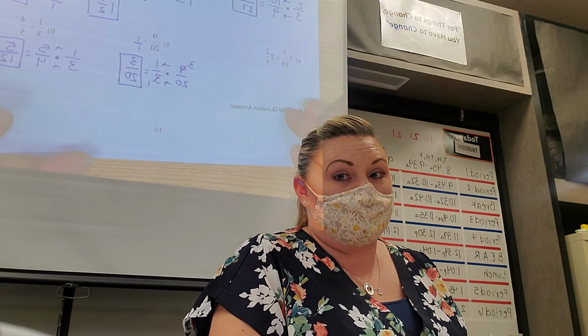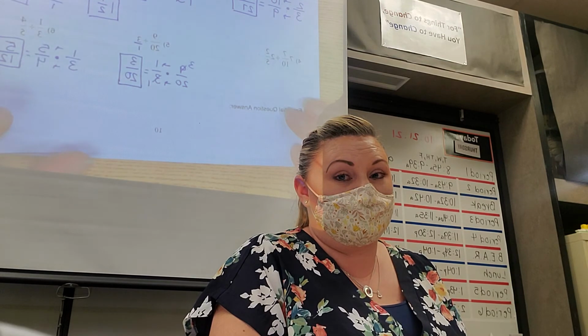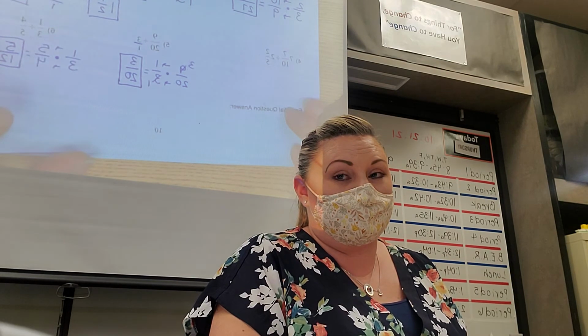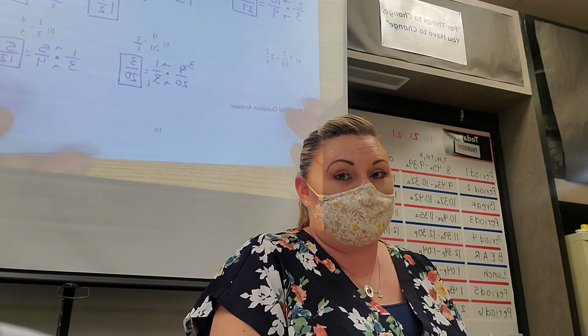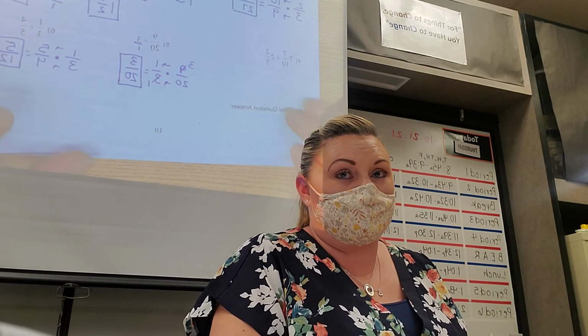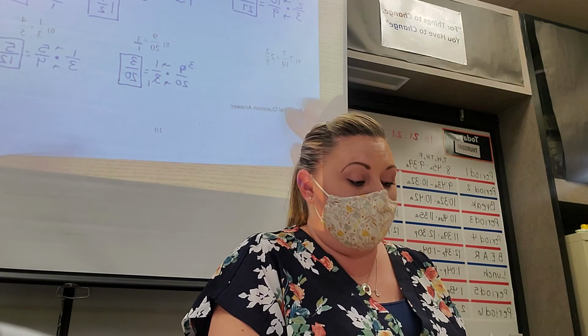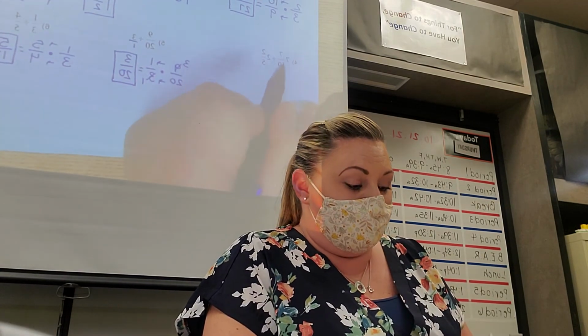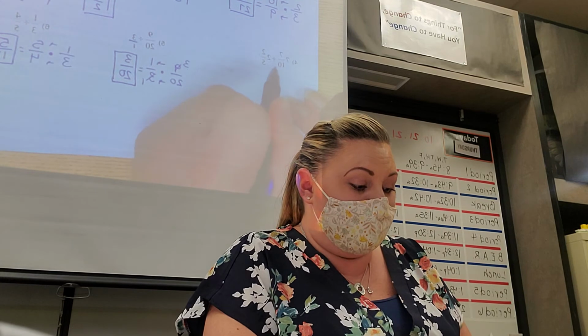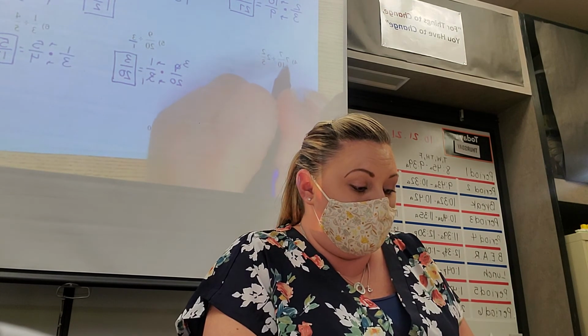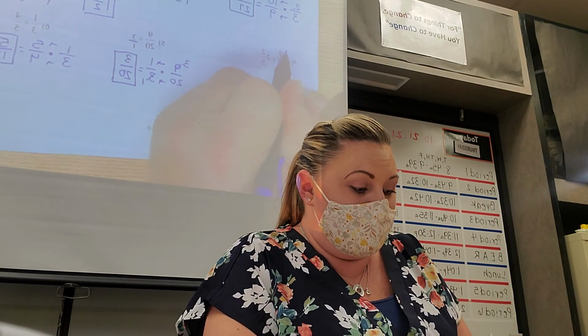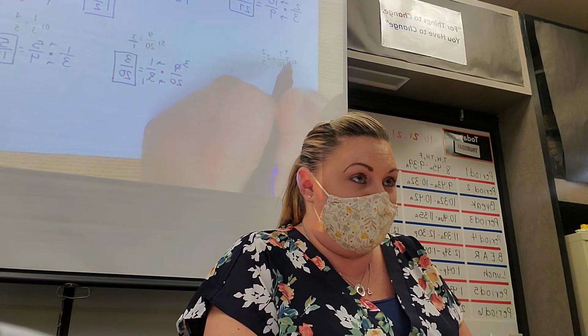77 times 1. 5 times 12. 77. Okay. Taylor, we have to boomerang. We have 2 mixed numbers. Multiply, add. 10 times 7.